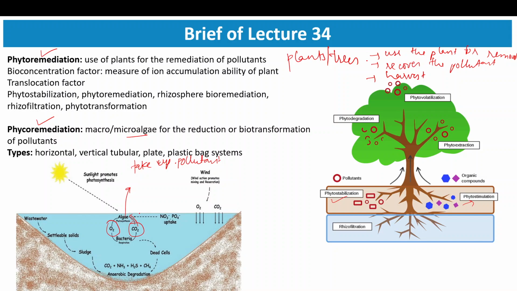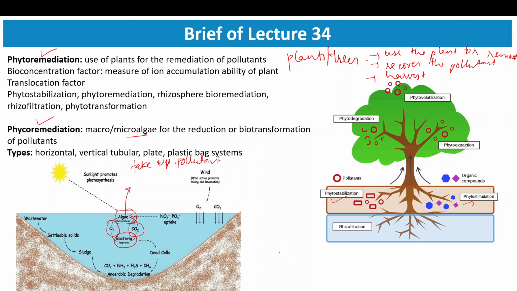So you can say that algae and bacteria work in a synergistic manner to degrade and remove pollutants from wastewater. Here they can have horizontal, vertical, plate type or plastic bag type systems.